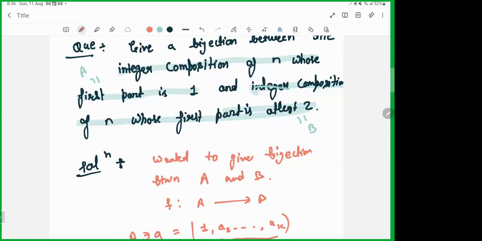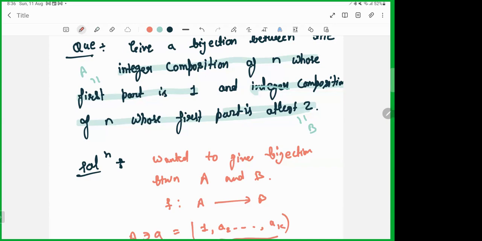So if we subtract 1 only from the first number, it becomes 1. And on the right hand side we have n minus 1. So in that case you are done. Both are integer compositions of n minus one.